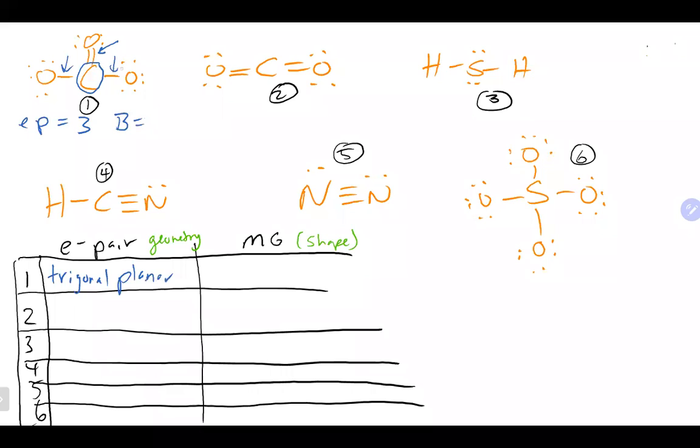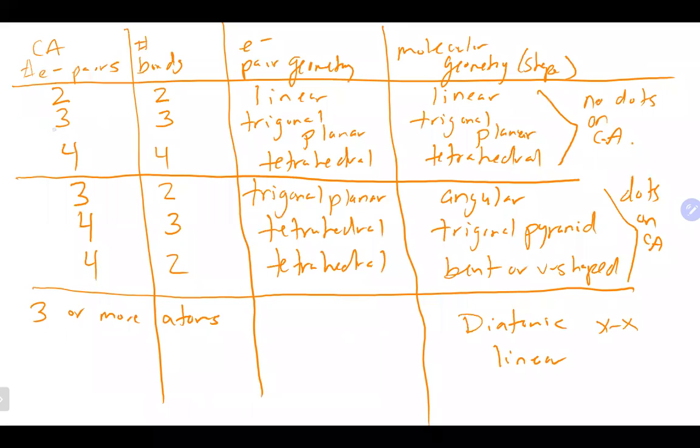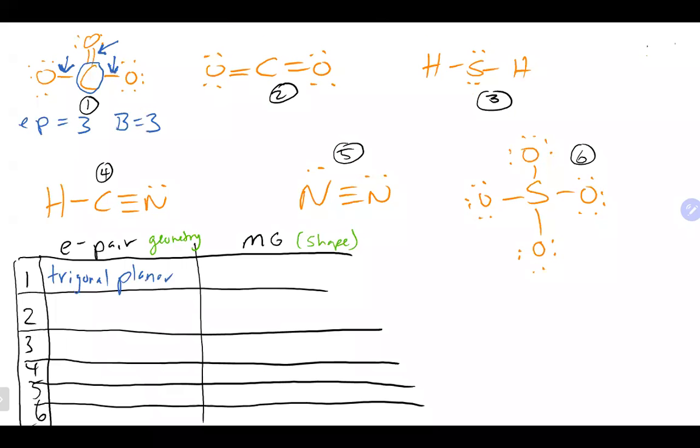This guy has 3 bonds: a single bond, a double bond counts as 1, and 1 more single bond is 3 bonds. I can now go back to my table and find 3 and 3. The molecular geometry will also be trigonal planar, because when we look at this, there are no dots on the central atom, which automatically tells us that both of these names should be the exact same. Question on that one?